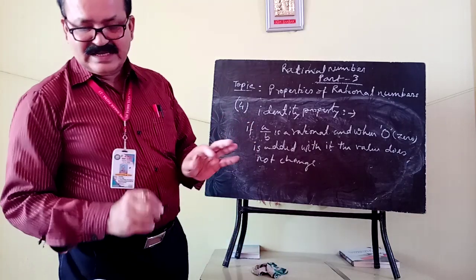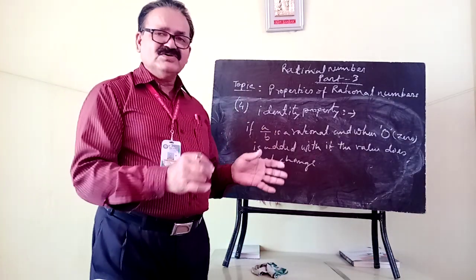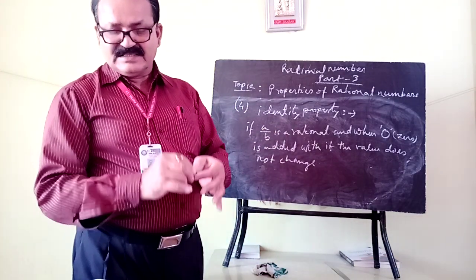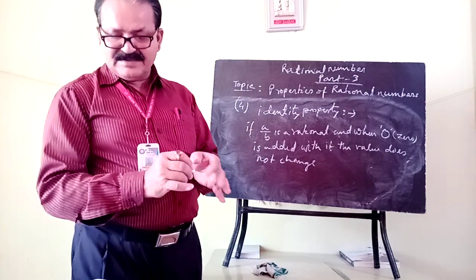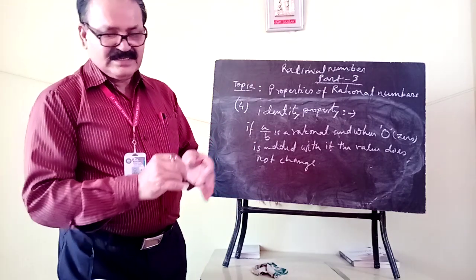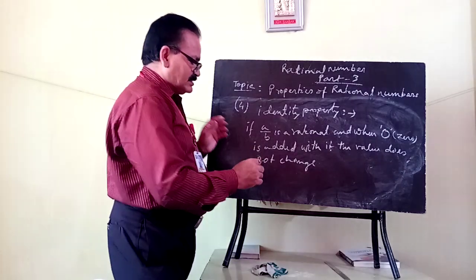If you add 0 with any rational number, the value becomes the same. That means 0 is the additive identity.